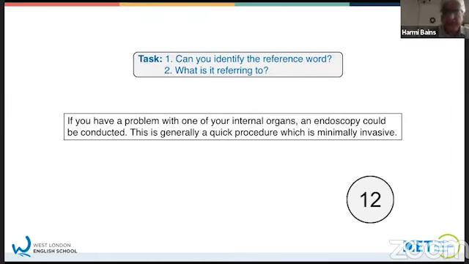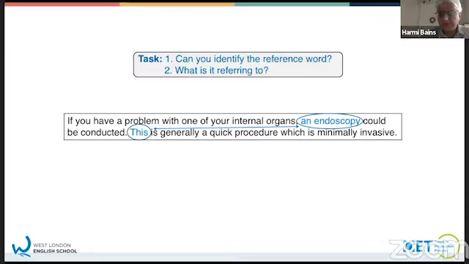Okay, lots of answers have come in. Yeah, okay, that's fine. You can see a lot of you have got it. The reference word is in the second sentence, the word this. What is this referring to? Well, to get the answer, you've got to go back to the previous sentence.